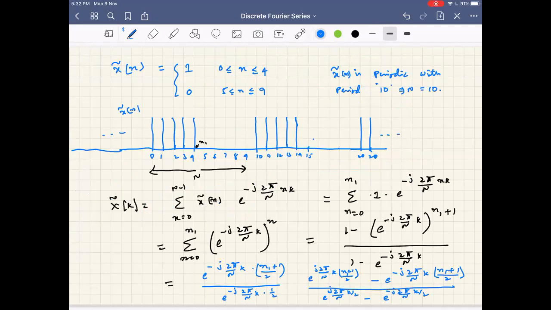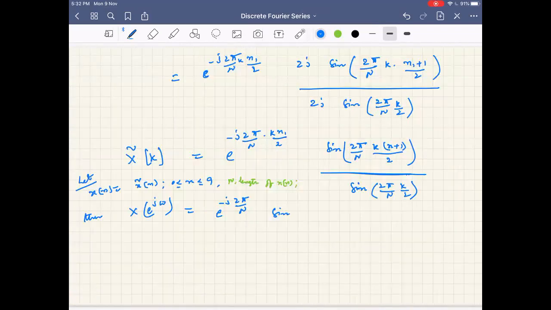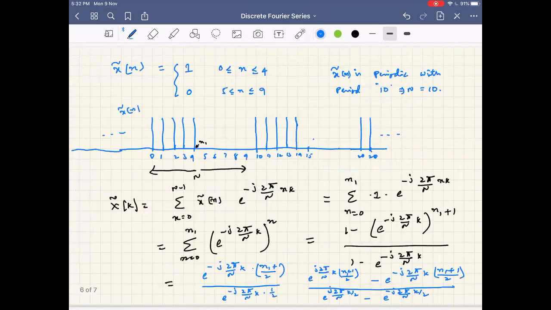We would have had e power j omega n. What is the expression there? If you remember, X of e power j omega is equal to the summation over small n of x of n into e power minus j omega n.